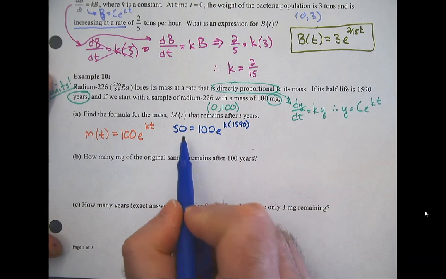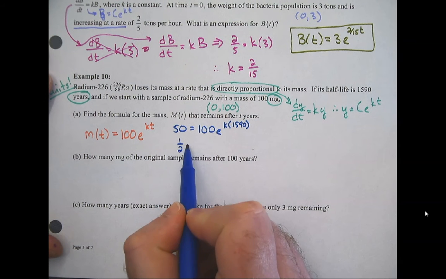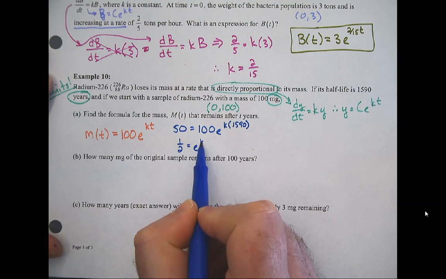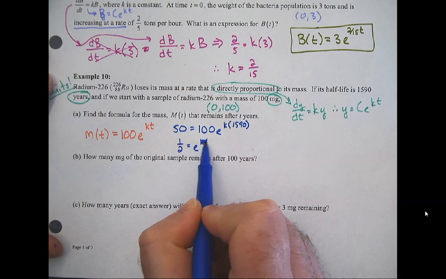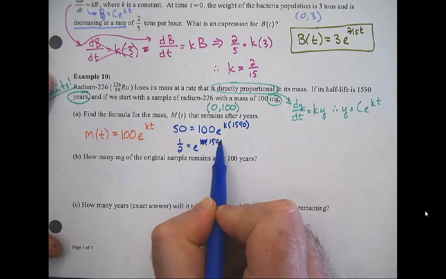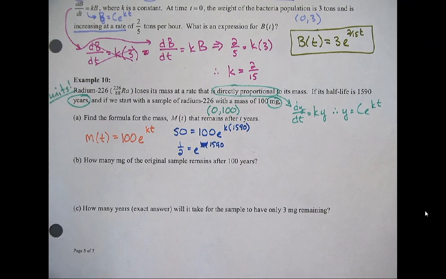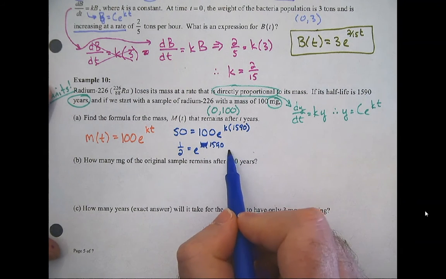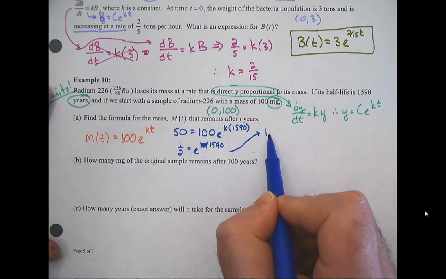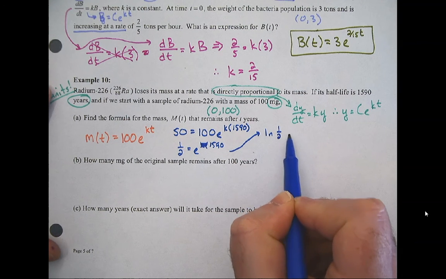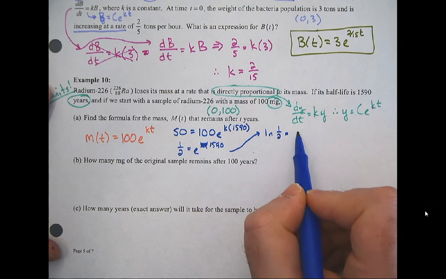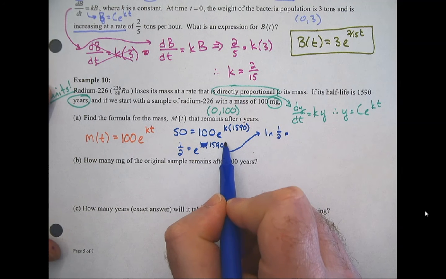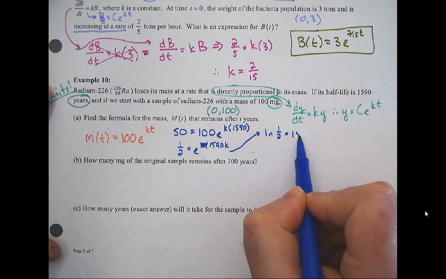So I'm going to bump over the 100, so I now have 1/2 equals e to the 1590k. Who's keeping e from being by himself? So we would need to do a little natural log action. So natural log of 1/2 equals, oh, I forgot the k, 1590k.